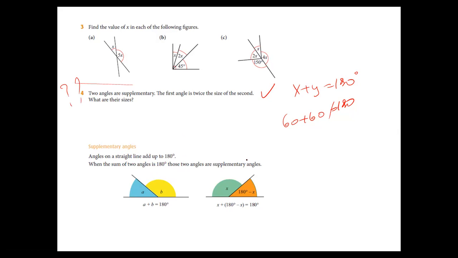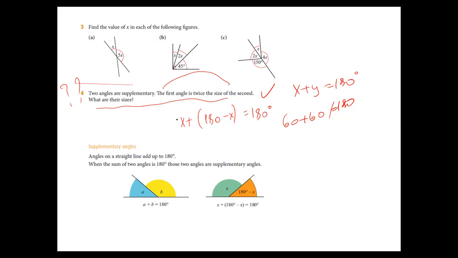Or you can solve from here. For example, x plus 180 minus x is equal to 180 degrees. And what was the second part of the question? The first angle is twice the size of the second.